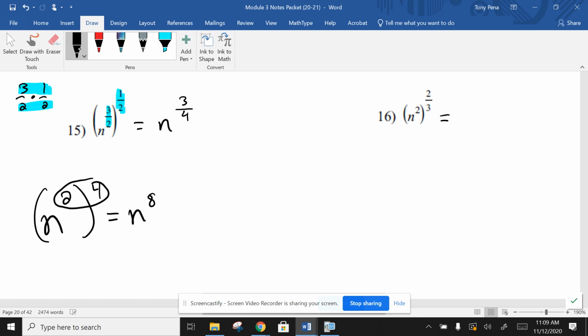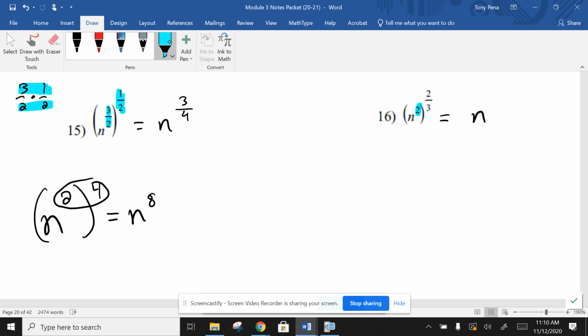All right, so with that little review, do number 16. This should be n to the what? We have a power to a power. We should be multiplying those.